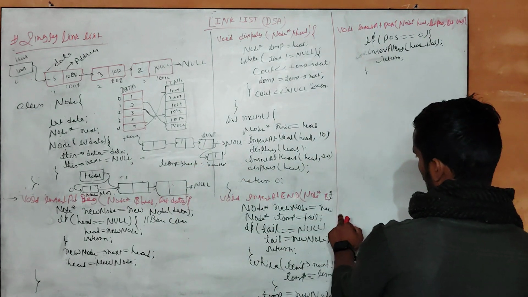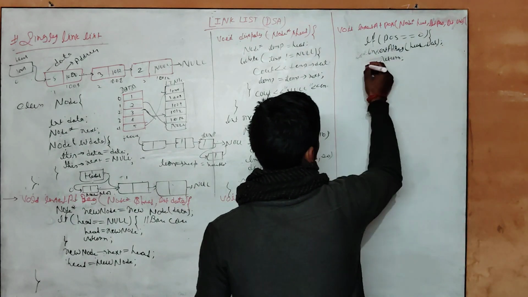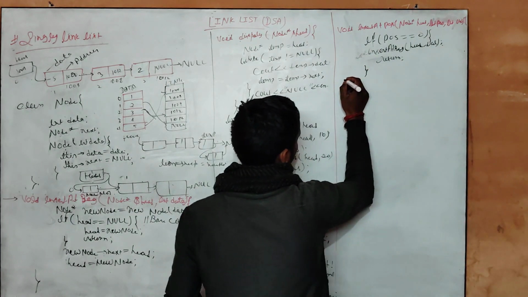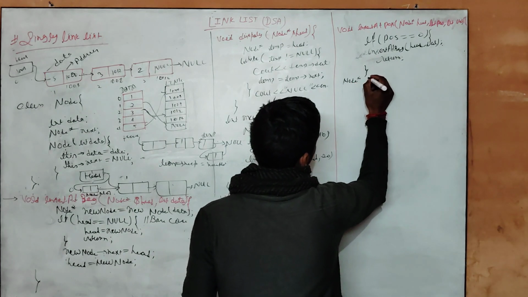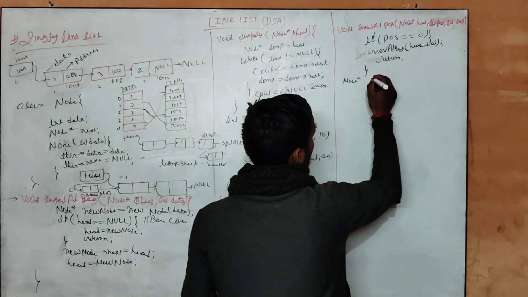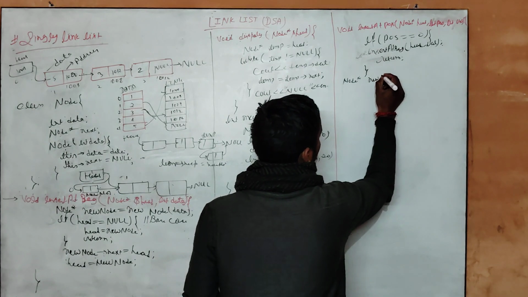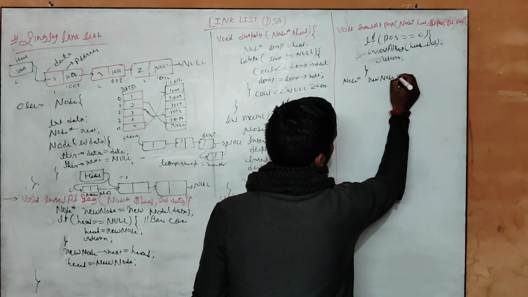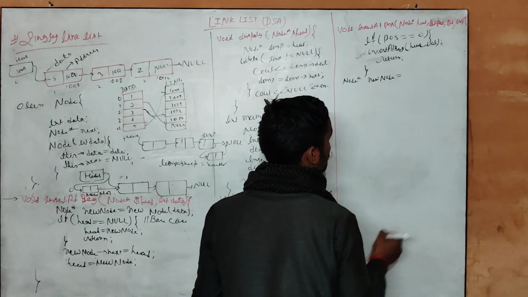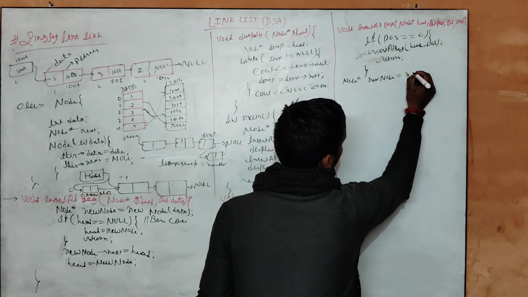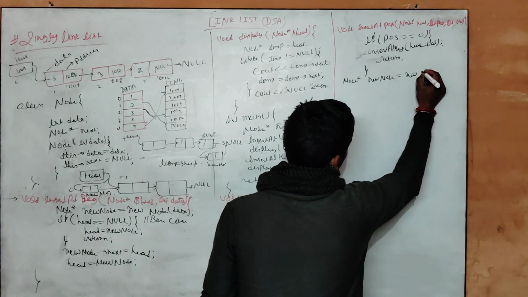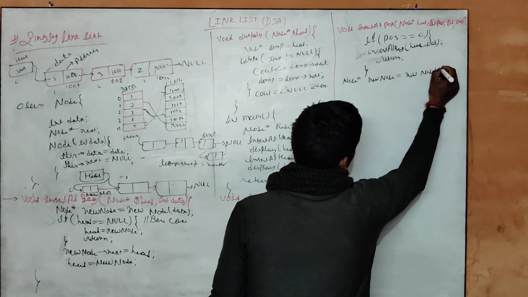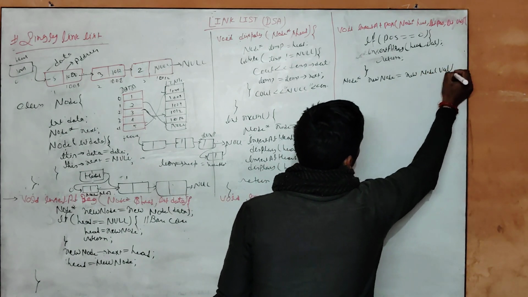Okay, let's say I'm just erasing something here. No issue. Just create the new node. How can I create? New node is equal to the new keyword, then Node, and here writing the value.